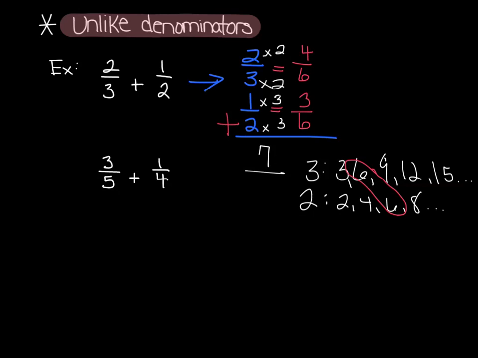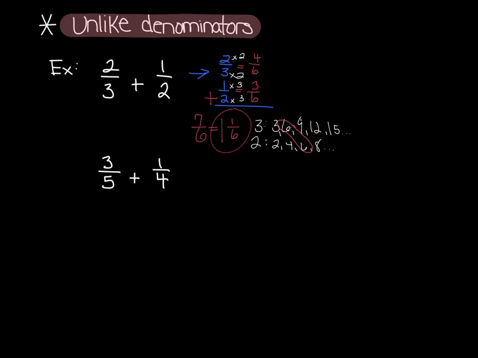Do we add them together? No. Leave it as 6, okay? Now, before we can circle 7 over 6, we have to remember that 7 over 6 is not simplified. Convert any improper fraction to a mixed number if needed, okay?